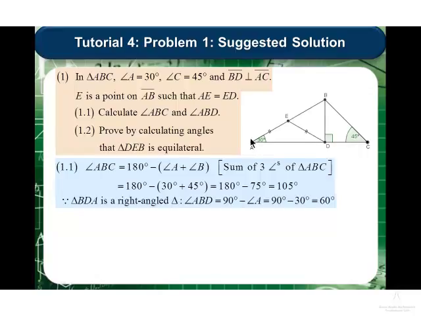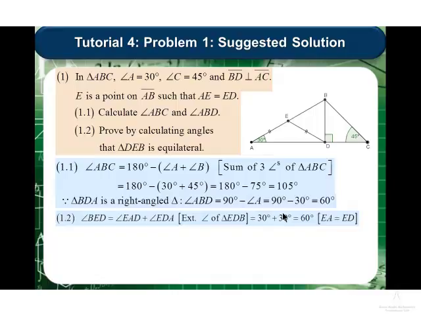In that case, we know that the angle ABD will be 90 degrees minus the angle at A, which is 30 degrees. So we have 90 minus 30 degrees, which gives us 60 degrees for the angle ABD. Okay, that takes care of the first part of problem 1.